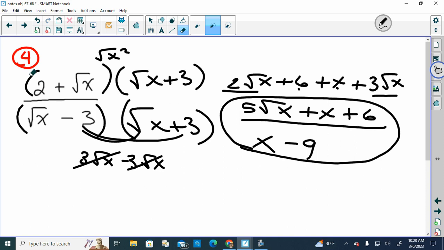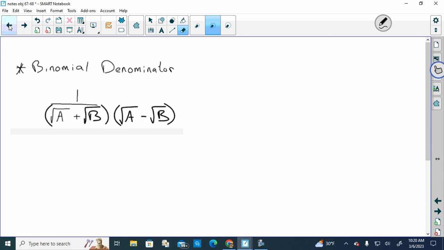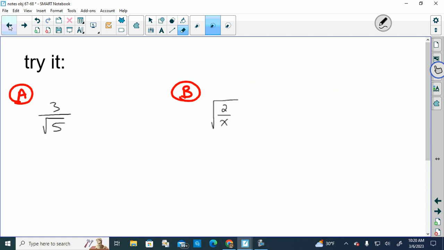All right, so you've got some tryouts. So write these 2 down, and then you have one with the fraction, one with the add and subtract.